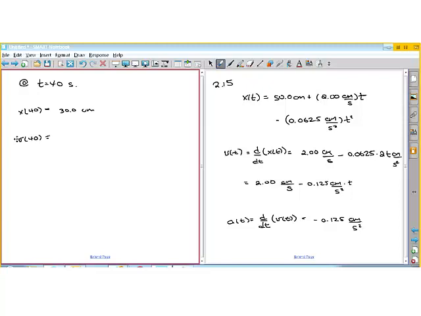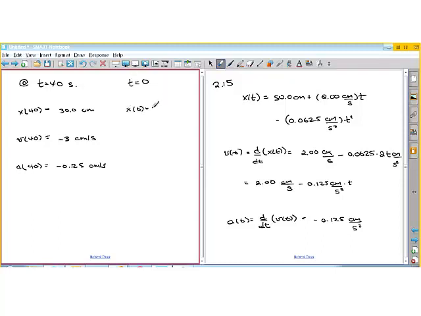V of 40 seconds. So I plug that into the second equation. It's 2 minus 0.125 times 40, and I get negative 3 centimeters per second. And my acceleration is constant. It's going to be negative 0.125 centimeters per second squared. So that's at t equals 40.